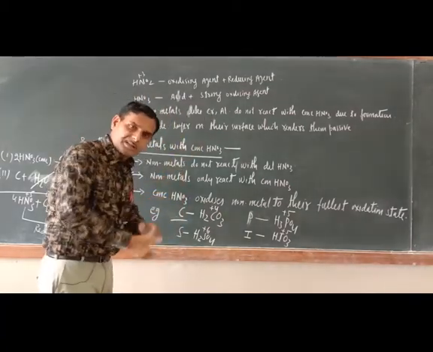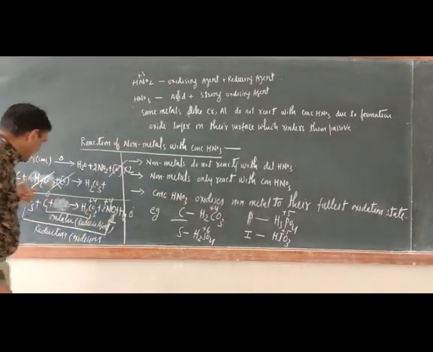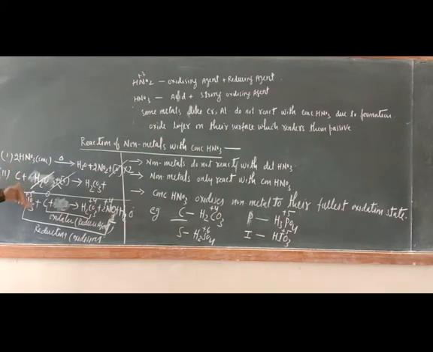HNO3 is not reacting with them. These weak non-metals react with HNO3. Weak non-metals are weak oxidizing agents, meaning they are near to the reducing agent. Am I correct? That is why carbon here undergoes oxidation, hence it is a reducing agent.